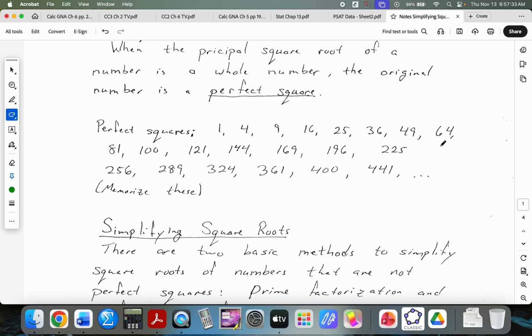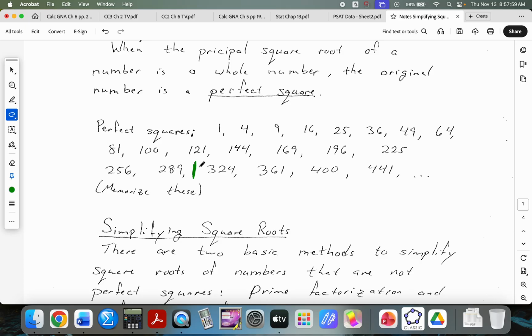So however far you know these, push it further. I would say, at the very least, to here. I would say that's at a minimum. It comes up often enough to where it's worthwhile.